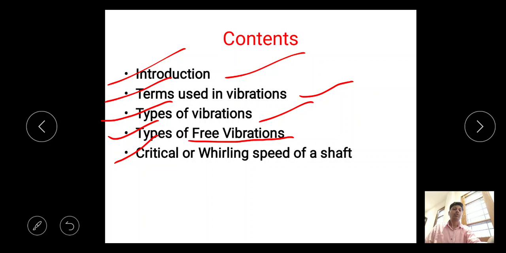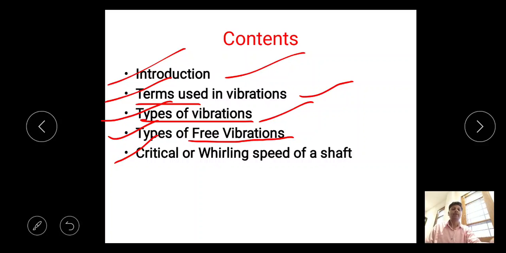We have studied what vibration is, then the terms used in vibration: cycle, time period, frequency and amplitude. Then the different types of vibration: free vibration, forced vibration, and lastly damped vibration.